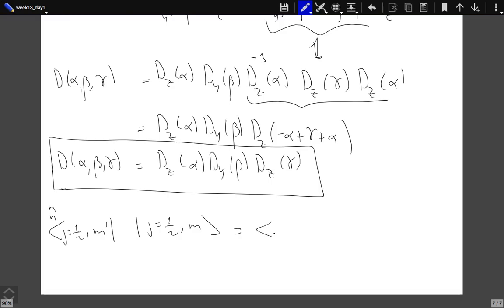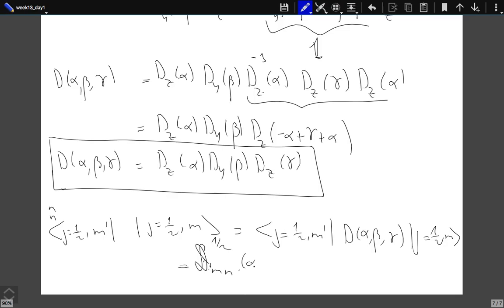This is nothing but J is equal to 1/2 m prime d alpha beta gamma, J is equal to 1/2 m, which is usually denoted by the m prime for spin 1/2 systems alpha, beta, gamma.